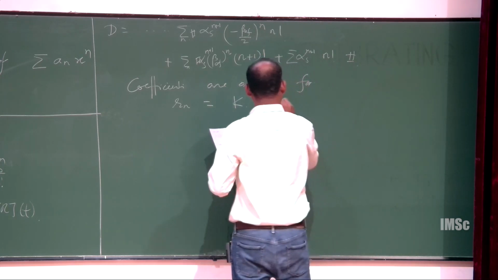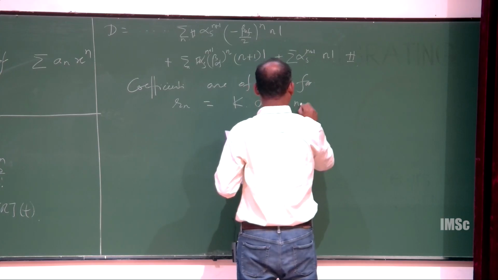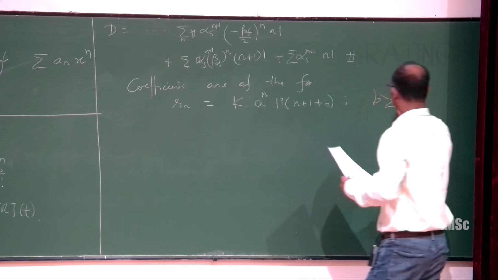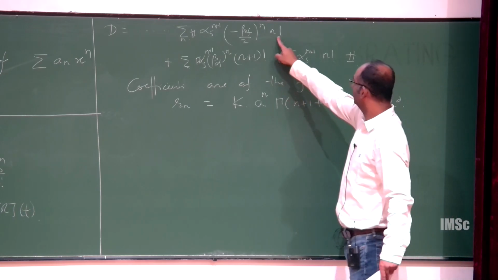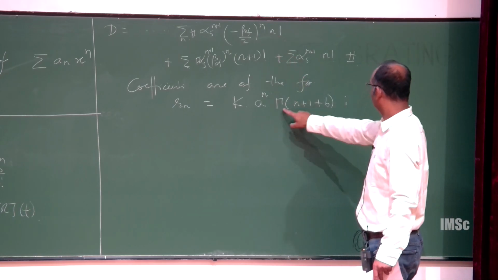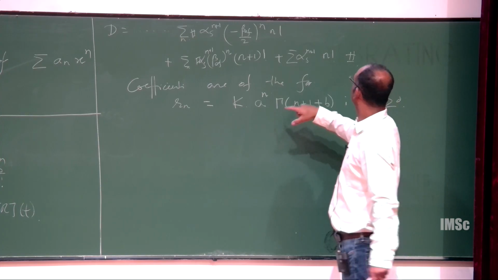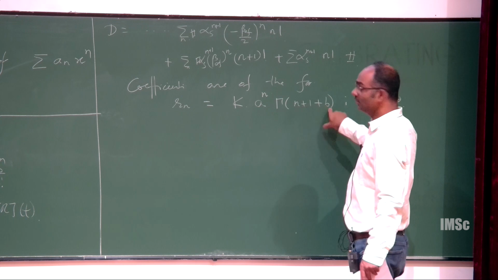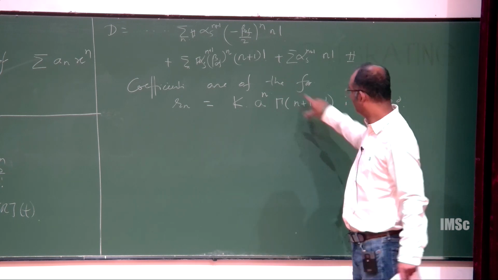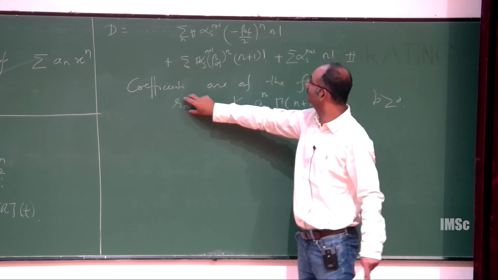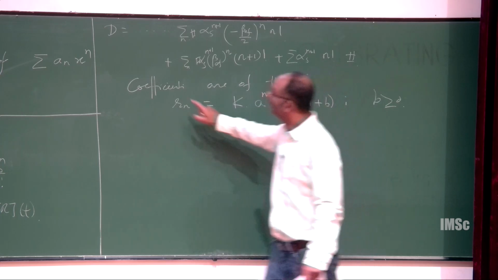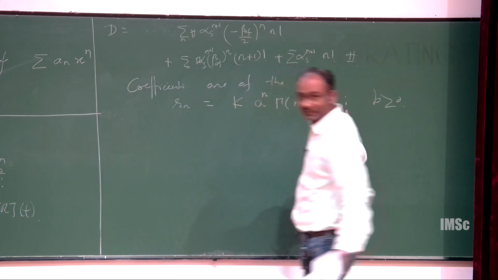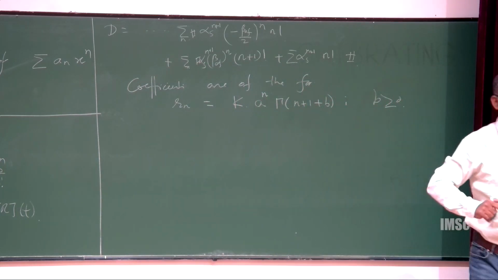And then you have gamma of n plus 1 plus b, where b is greater than 0. Here you have n factorial, so if I put b equal to 0, gamma n plus 1. Here you have n plus 1 factorial, which means b is equal to 1. Gamma n plus 2 is n plus 1 factorial. So you see that the coefficients R n in the series are of this form. Agreed? That's what we are seeing.